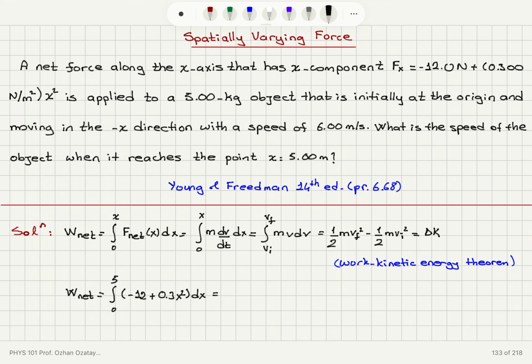This is minus 12x plus 0.3 x cubed divided by 3, which is to be evaluated between x equals 0 and x equals 5. So this would be minus 12 times 5 plus 0.1 times 5 cubed. So this gives us minus 60 plus 12.5, which is minus 47.5 joules.